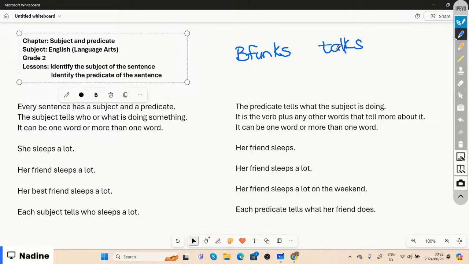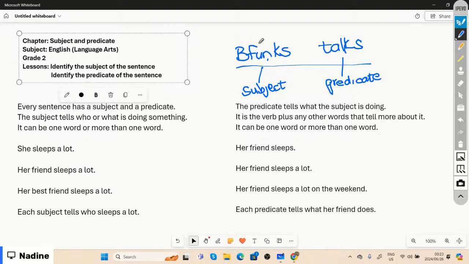Whether we are just saying that B Funk talks, then it means that this is a sentence on its own. Then B Funk is our subject because it tells us who is doing something, right? And talks is our predicate, and it tells us what B Funk is doing, right?